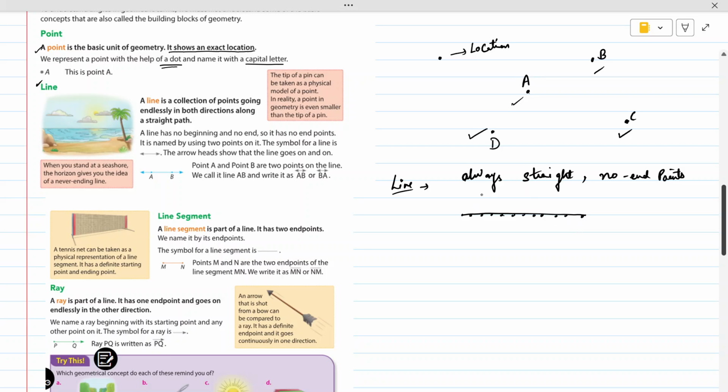Okay, so now what I'm going to do here is, in this line, I'm just taking any 2 points. I'm taking A and let's say I'm taking B here. This AB is a line. Now, how do we have to write this line?